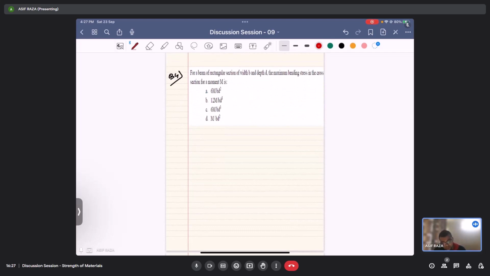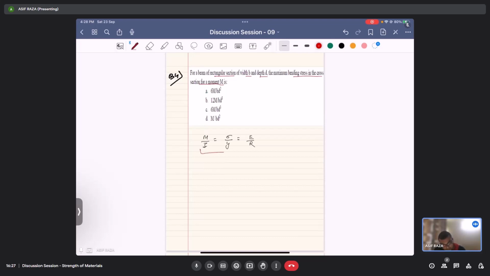Okay, the question is, for a beam of rectangular section of width B, depth D, what is the maximum bending stress in the cross section for a moment M? If you recollect our flexural formula, it was M by I equals sigma by Y equals E by R. This is regarding maximum bending stress in the cross section.